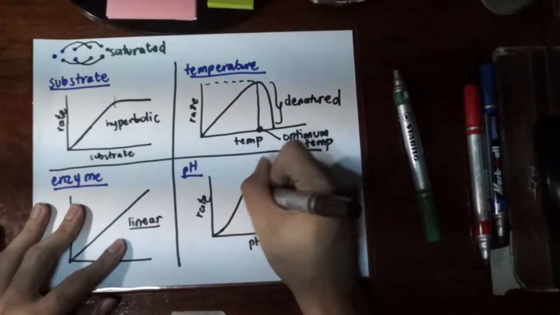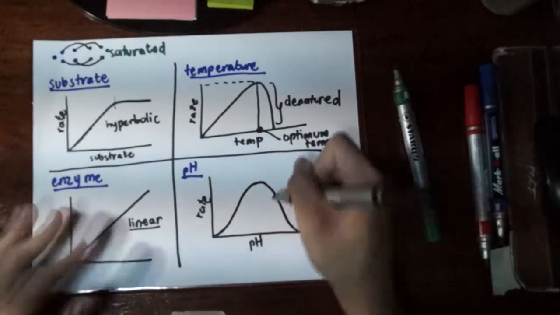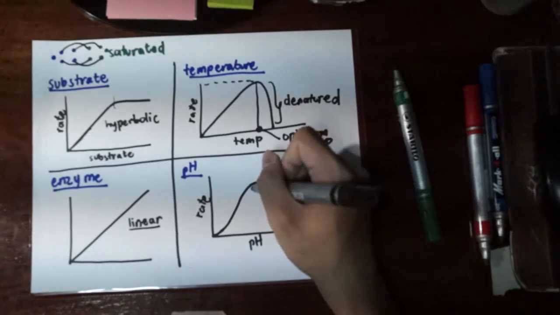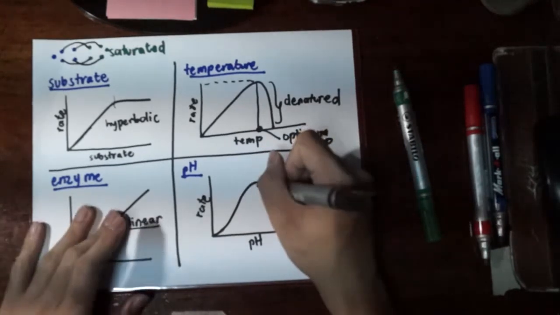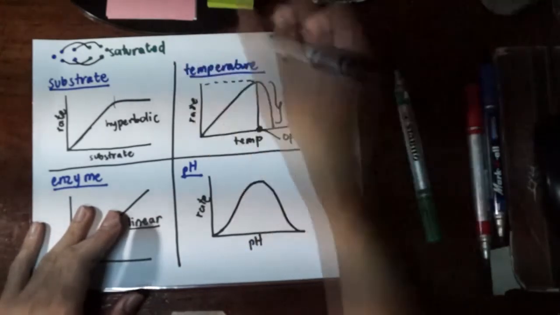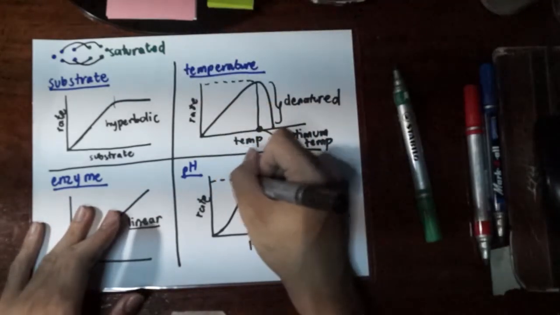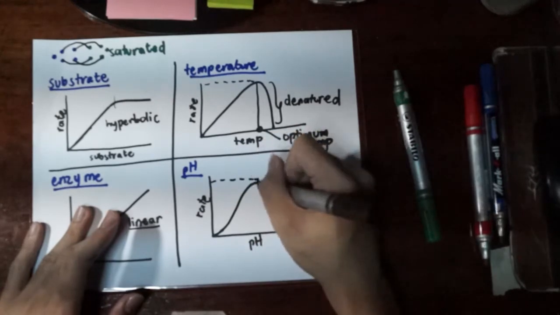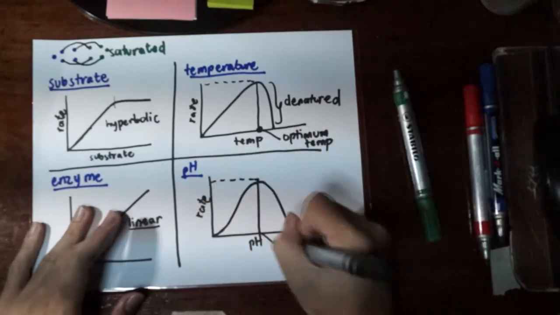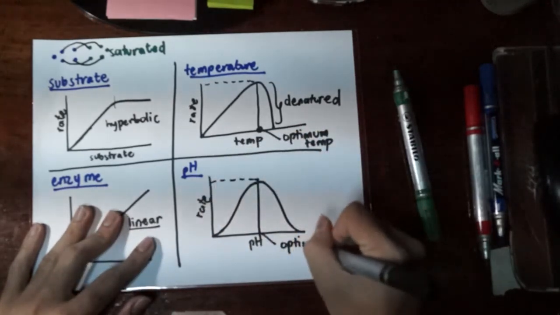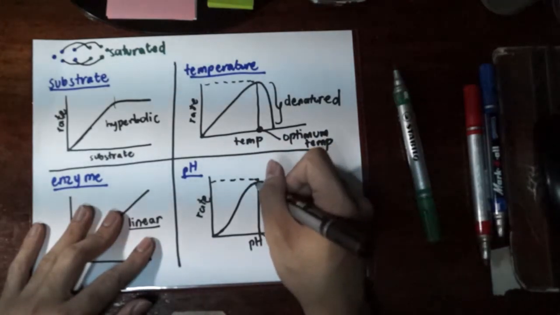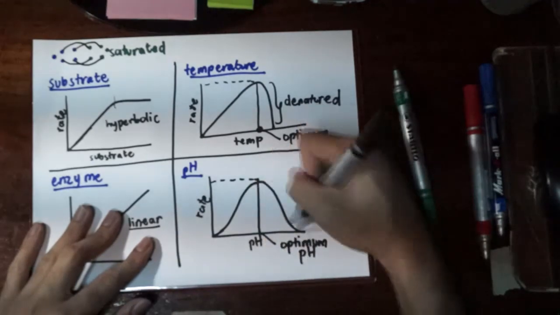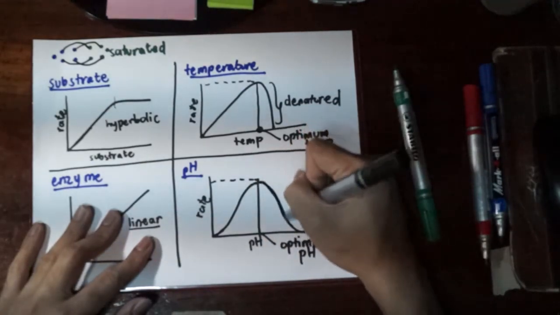But there would be a certain pH wherein we see that the protein is acting at its best. And so, of course, just with the temperature, the pH where the enzyme acts best or gives the highest rate possible is called the optimum pH. And in extremes of pH, whether it becomes more acidic or more basic, it quickly loses its function.